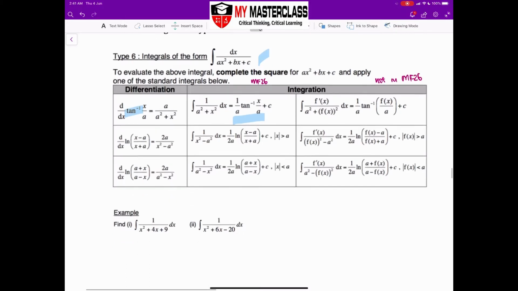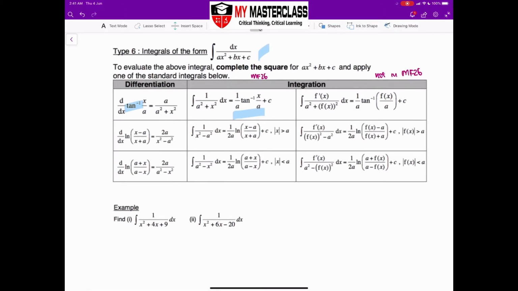Another thing to take note: if you look at MF26 under the integration portion, all the ln doesn't have a modulus. However, almost every single ln, sorry, you have to include the modulus here. The reason why they did not include it in your MF26 is because they actually denote the range of x such that your ln f(x) will always be positive.